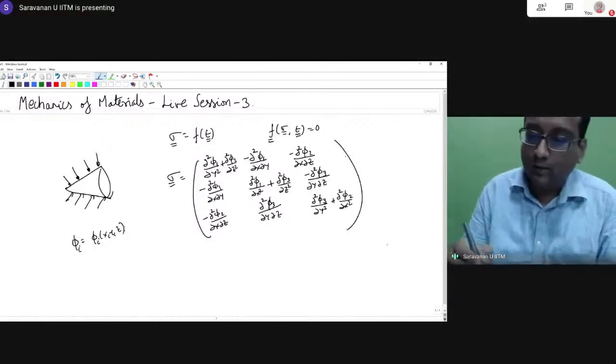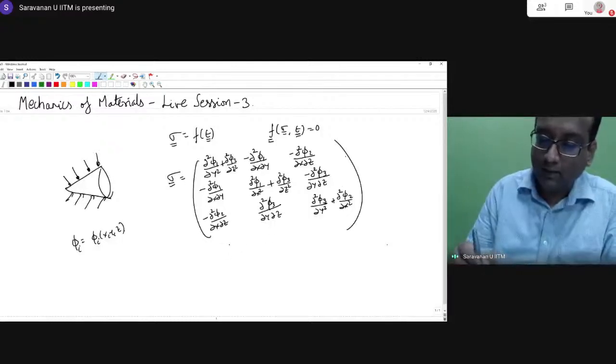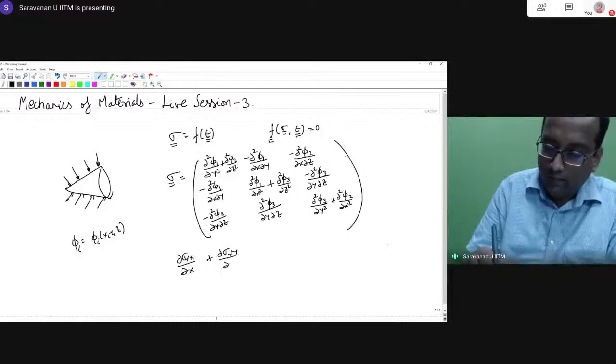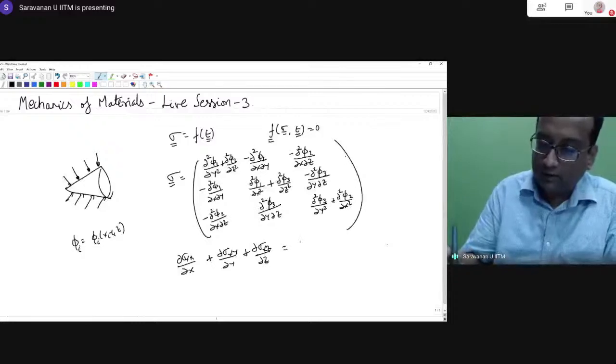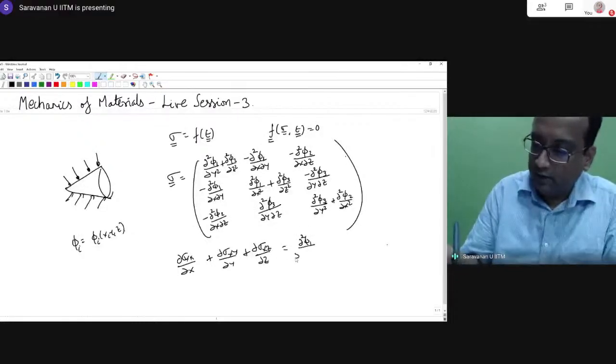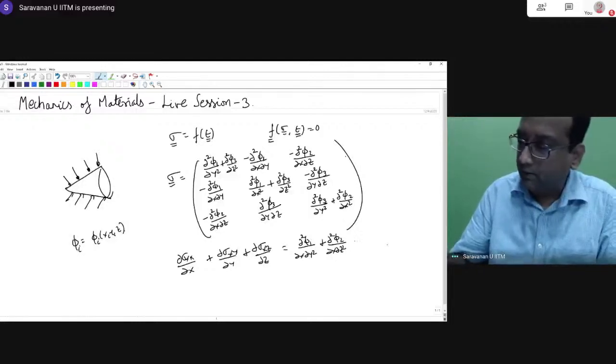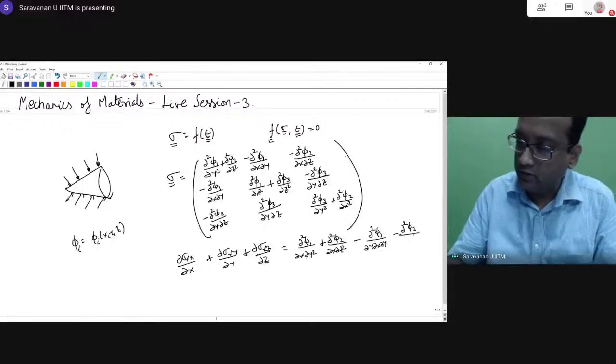Now this will automatically satisfy the equilibrium equations. You can check ∂σxx/∂x + ∂σxy/∂y + ∂σxz/∂z. If you want to verify this, it will be ∂³φ1/∂x∂y² + ∂³φ2/∂x∂z² − ∂³φ1/∂y∂x∂y − ∂³φ2/∂z∂x∂z.